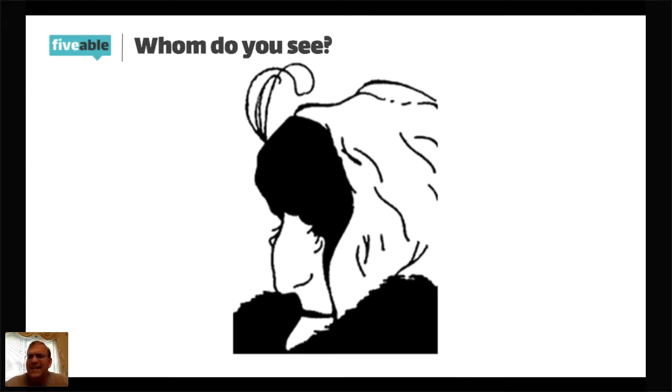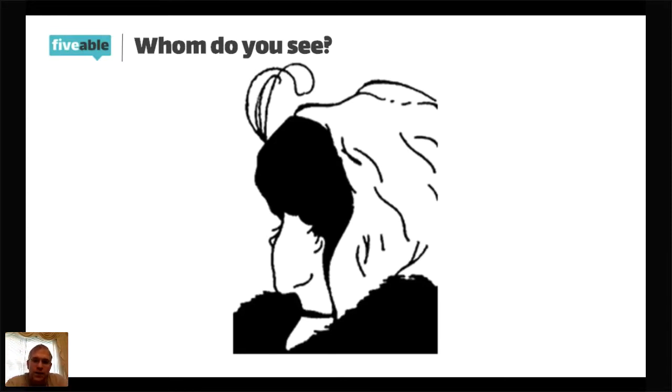Now, let's say you can't see the young woman. I say, well, you know what? Let me point out to you. What was the old woman's chin is actually a neckline here. This is a necklace. This is her chin right here. This is her nose right here. This is an ear. What you're doing here is taking essentially feature detectors. That's why it's sometimes called feature detection theory.